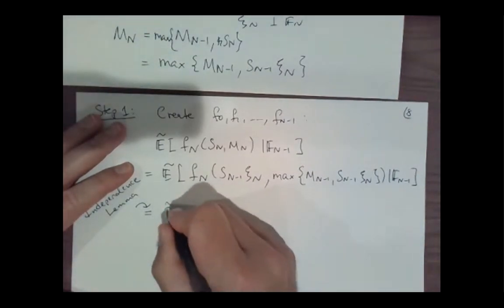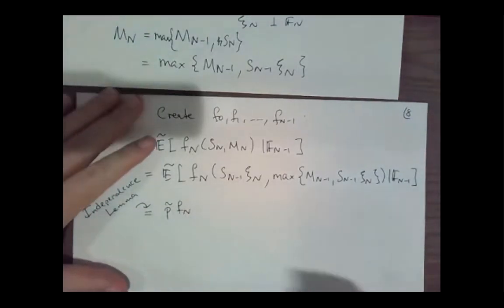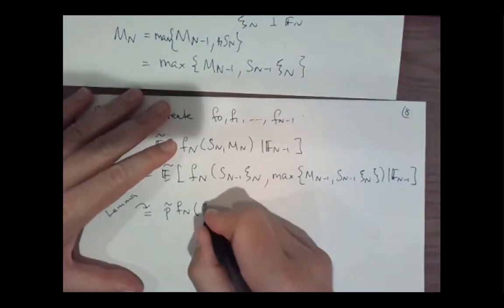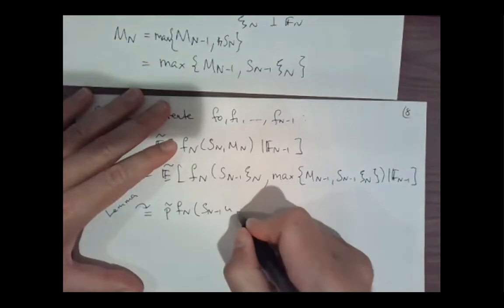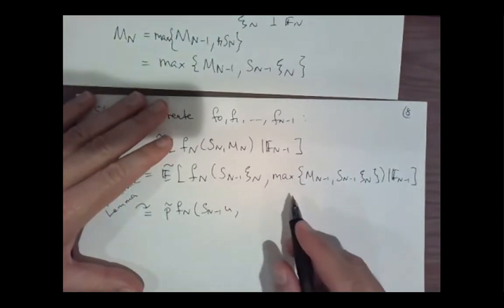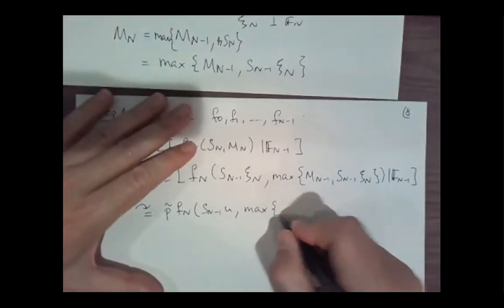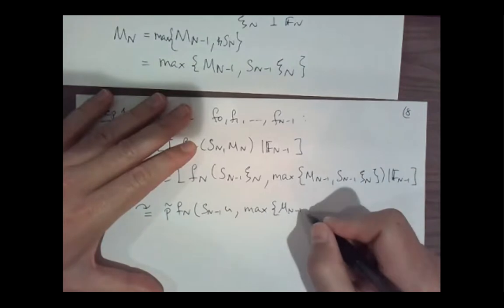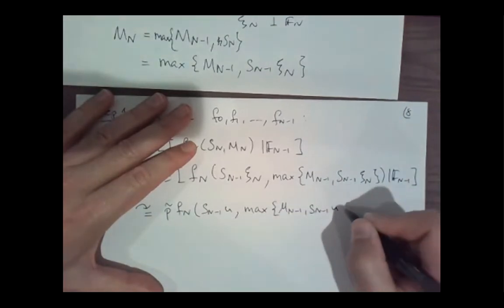This will be p tilde times Fn applied to Sn minus 1 times u. That'll be the first entry. Then the second entry will be a maximum, M n minus 1 and Sn minus 1 times u.